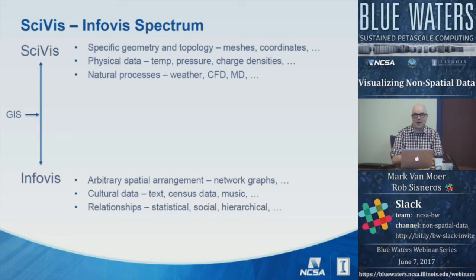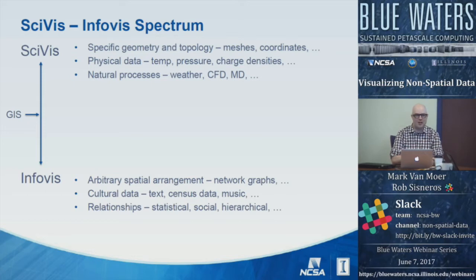They usually have various types of set meshes. Sometimes the meshes may change through time, but for any given time slice, the mesh geometry is defined in space, 2D or 3D. And there's usually very specific types of scalar or vector data associated with either a node or a cell in the mesh, like temperature, pressure, things like that.